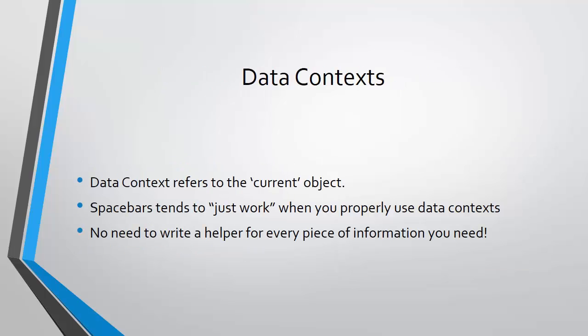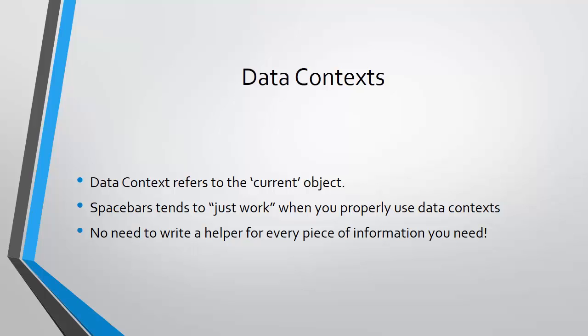I got a lot faster doing Meteor development, especially client-side stuff, when I learned about data context. Basically, a data context is a reference to what the current object is that you're working with. Whenever you learn to work with data contexts and get used to working with parts of templates in terms of a specific object, you learn that you don't have to write helpers for every single piece of information that you want on your website, which is something that I was doing when I first started.